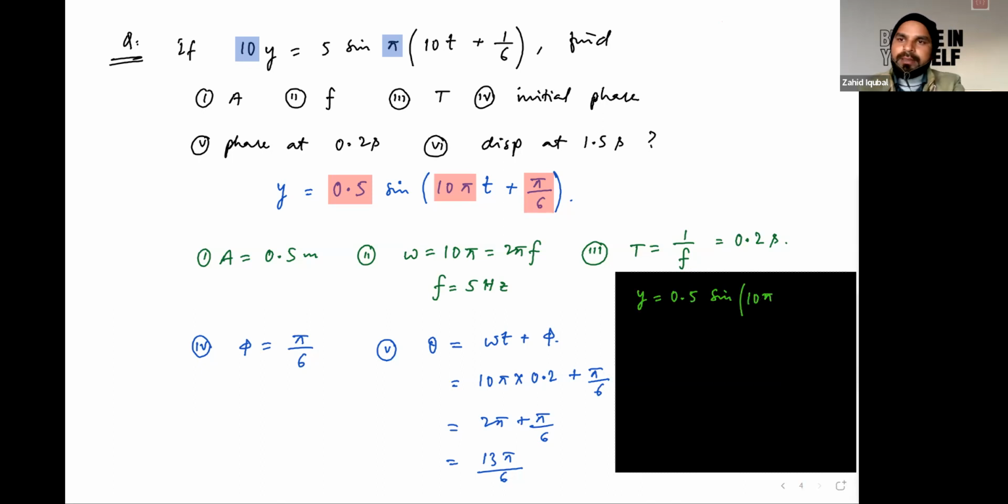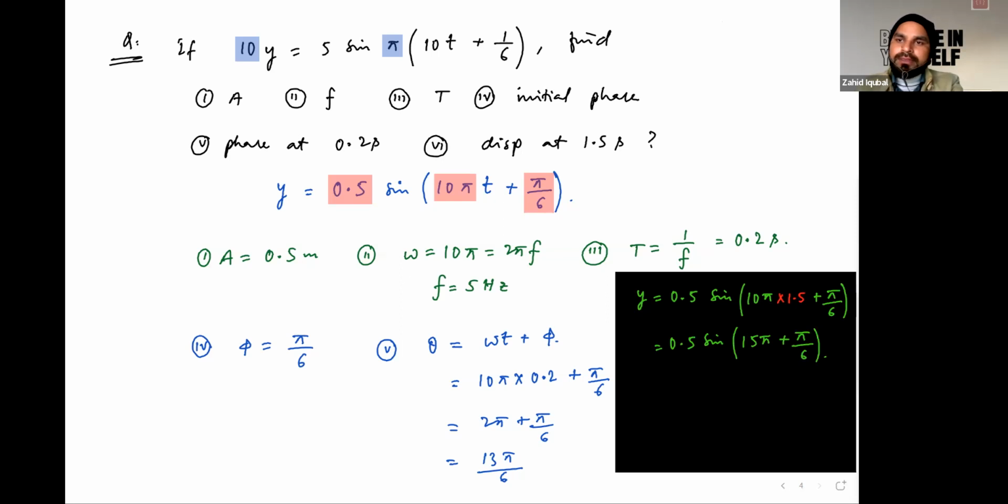In place of time, we have 1.5 seconds, plus pi by 6. Now just simplify it. So you'll get 0.5 sine 10 pi into 1.5, so it will be 15 pi plus pi by 6.